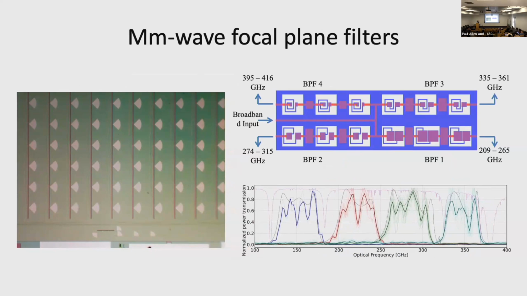On the left is a wideband antenna, working between maybe 100 and 400 gigahertz. And then we take the power from that antenna and we split it into 4 different bands using these filters in order to send the outputs of those to separate detectors. And that's used to make a multi-color focal plane.